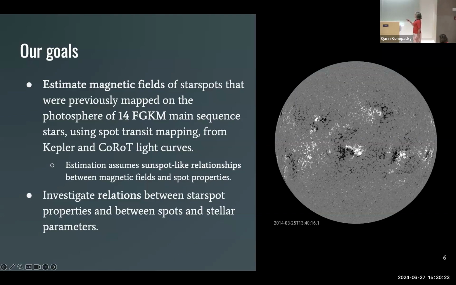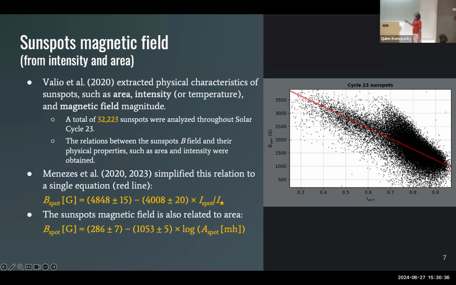We're then going to apply this relation to 14 solar type stars and M stars for which we have obtained the properties of the spots through transit mapping. We did a study of over 32,000 sunspots from the sun, using SOHO data, white light MDI images, and magnetograms for solar cycle 23.